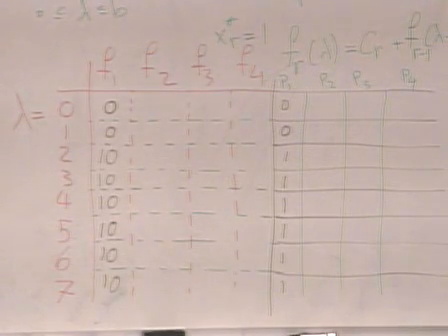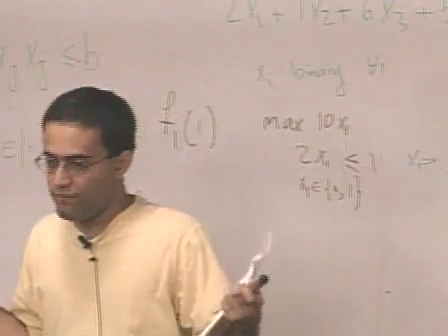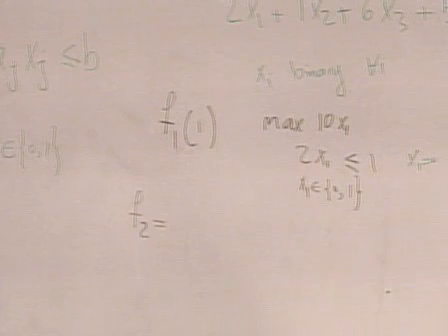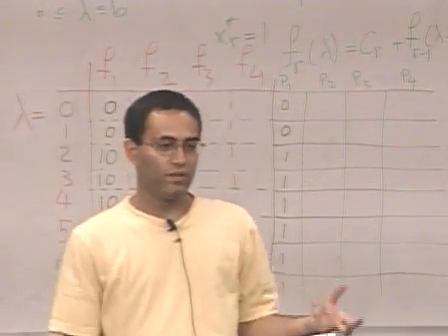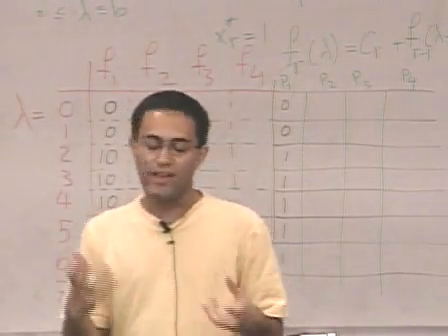Now you are looking at only F2. Assume you don't know the solution for F1. Let me make an analogy here. You have a knapsack with two items in it, and you want to maximize your value.